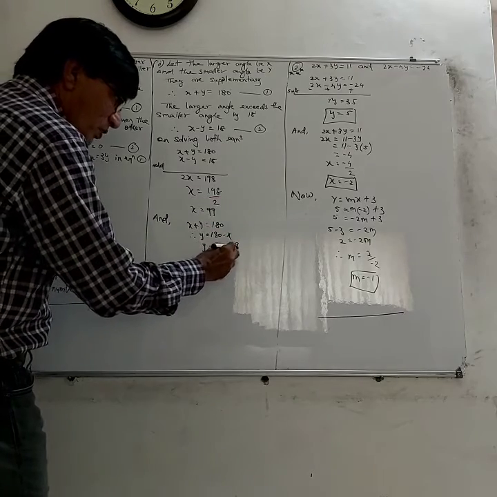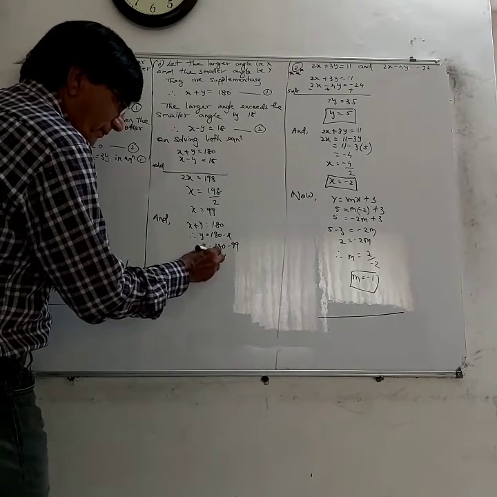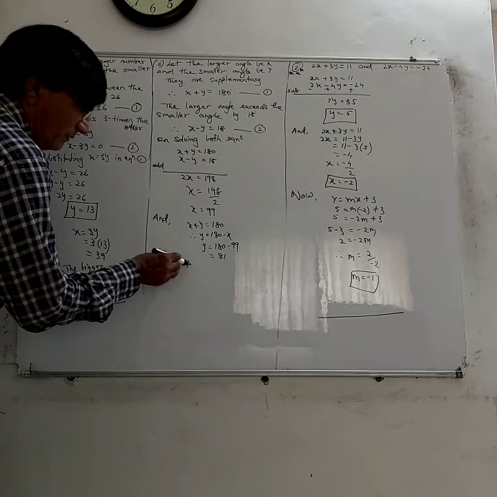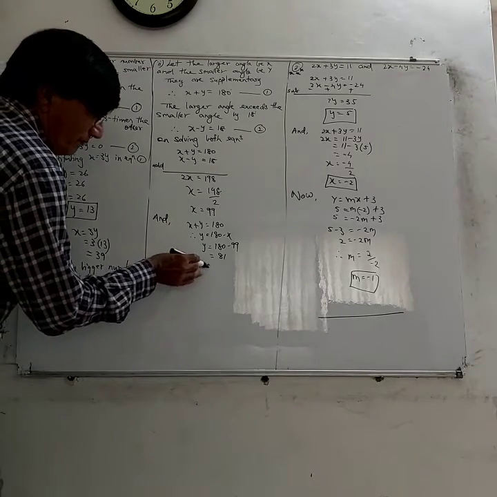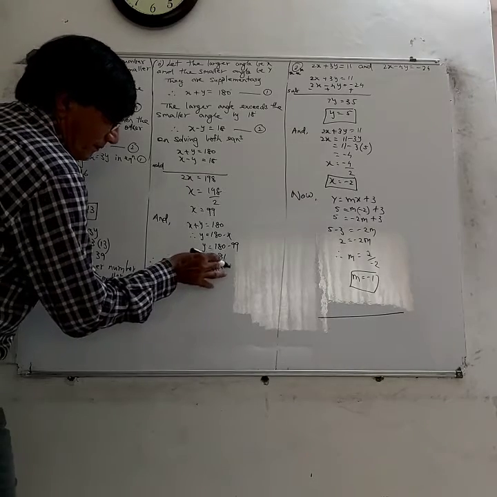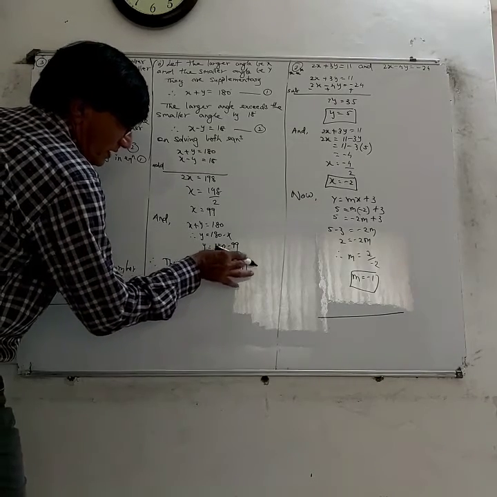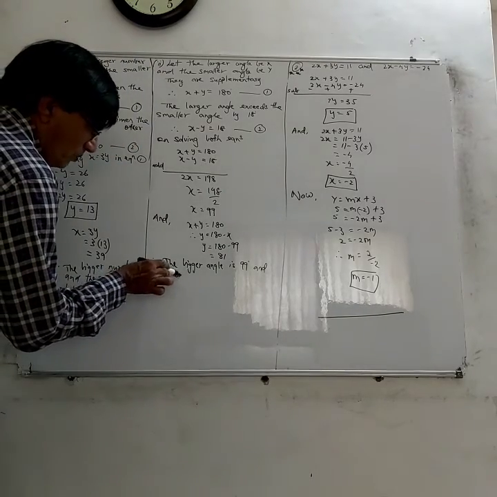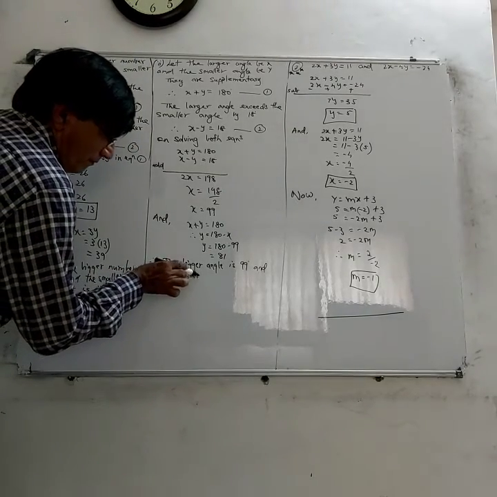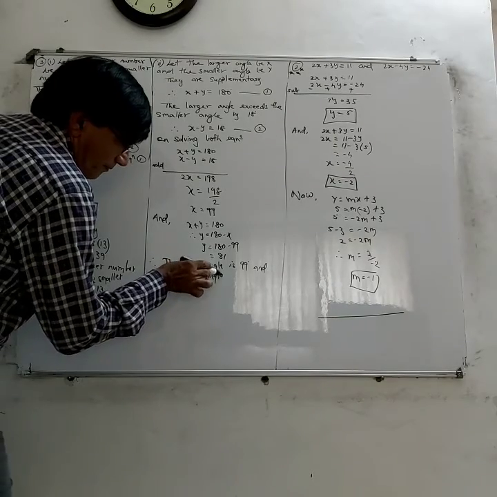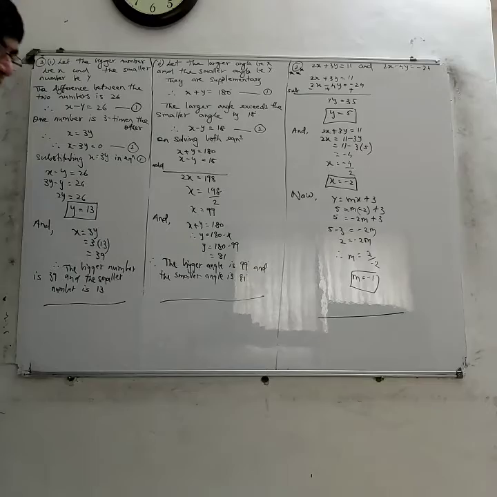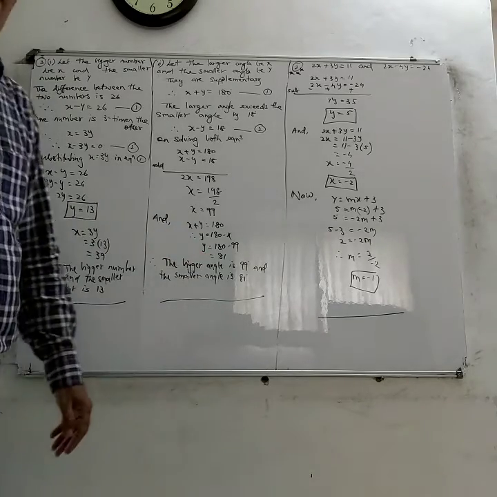Okay? 99. So I get 81 degrees. Okay? So therefore the bigger angle is 99 degrees and the smaller angle is 81 degrees. You can see the difference between them is 18 degrees. Alright, let's see the next one.